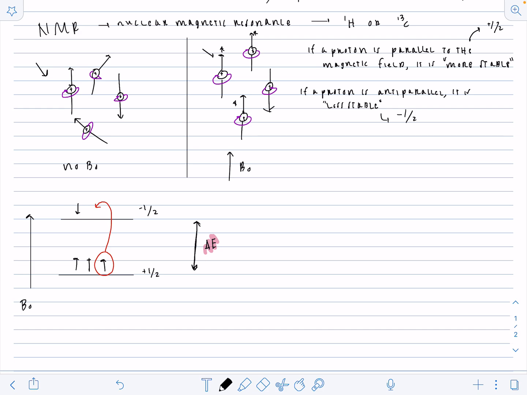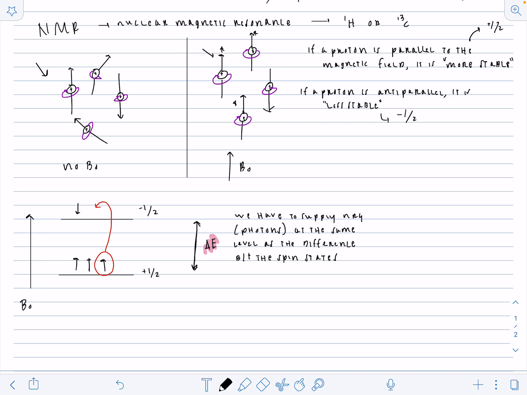So that was a lot of content, but I'll write it down. So we have to supply energy, the photons, at the same level as the difference between the spin states.